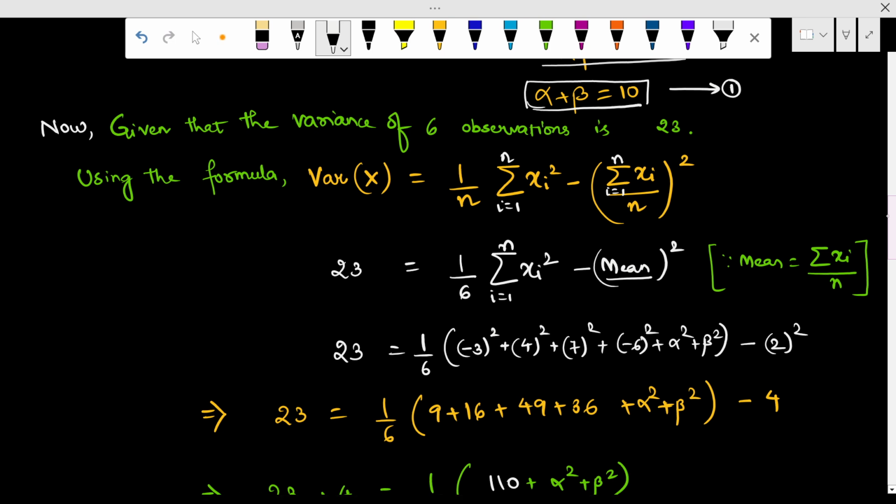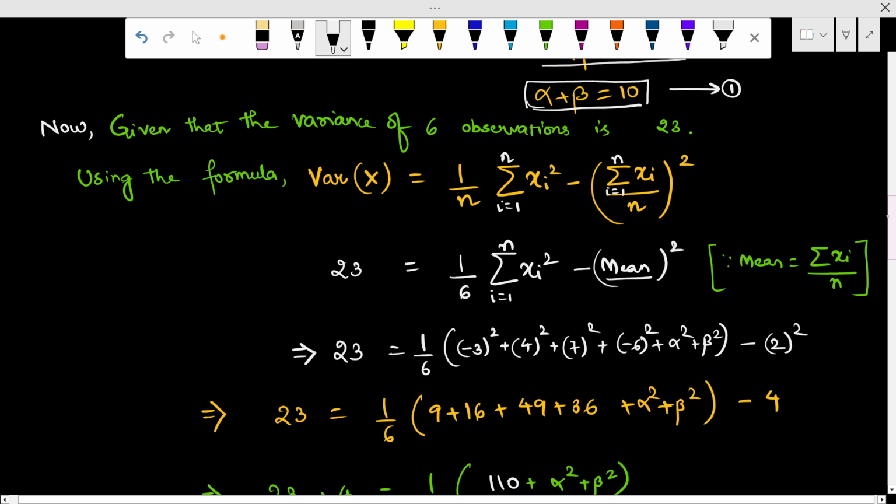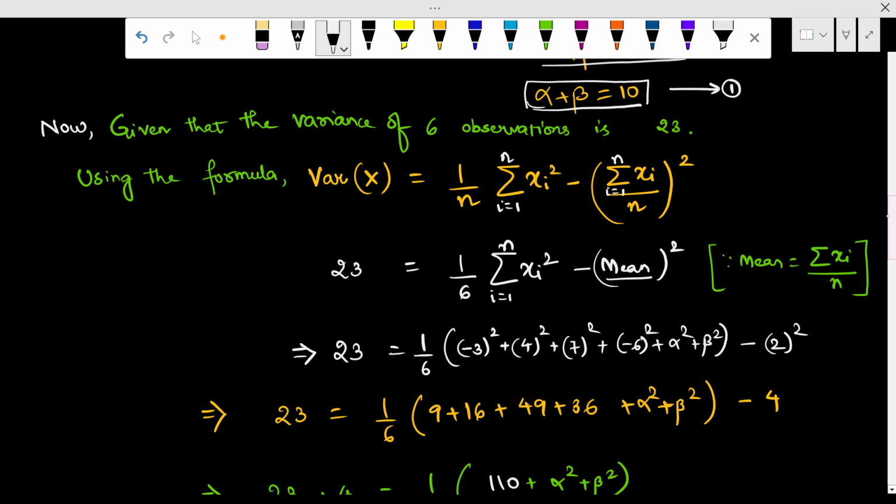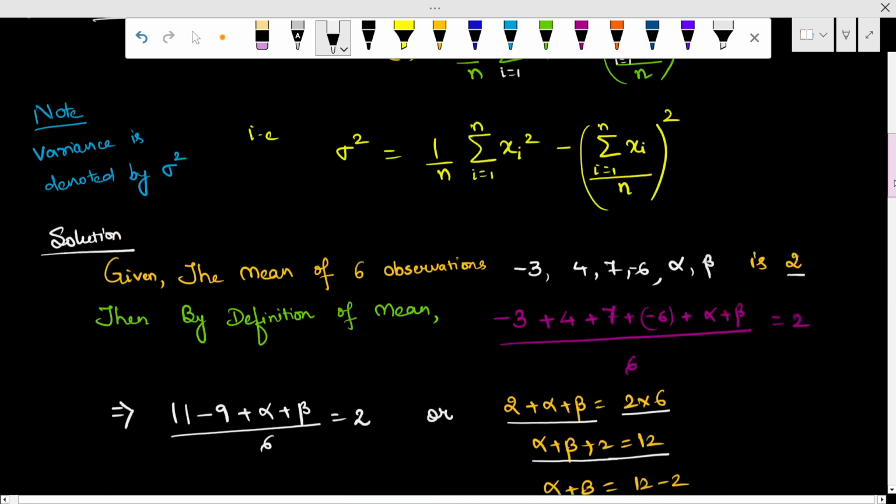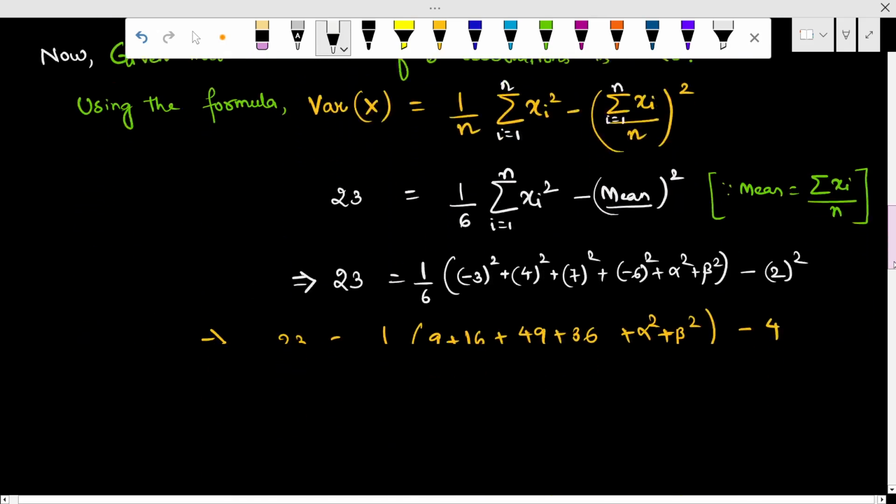So next step is 23 equals 1 by 6 sigma xi square, means square of each of the terms and then add those, right? Minus 3 square plus 4 square plus 7 square plus minus 6 square plus alpha square plus beta square, minus mean square is 2 square, right? Okay.